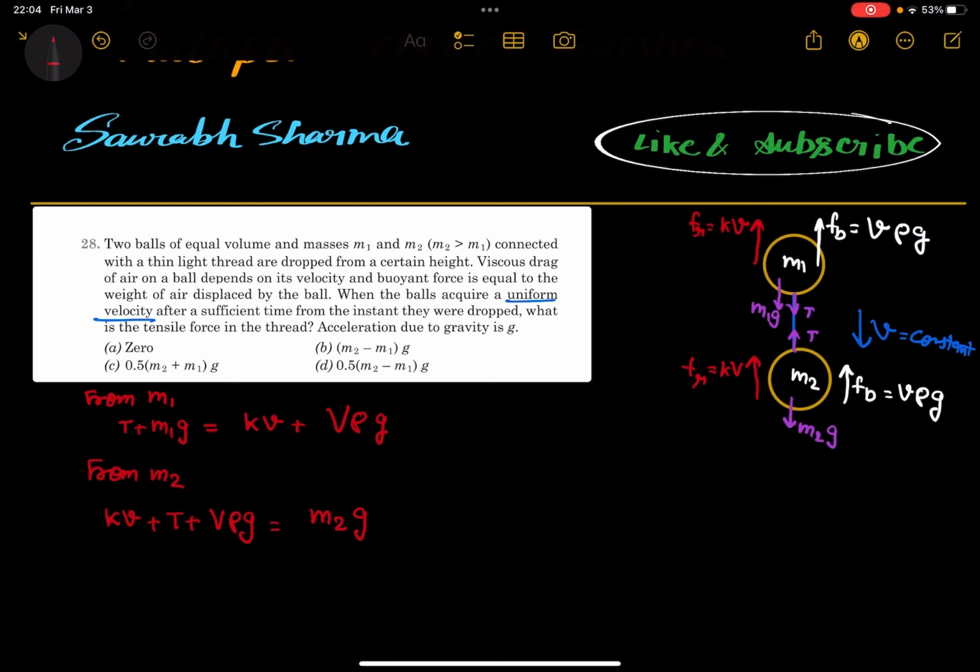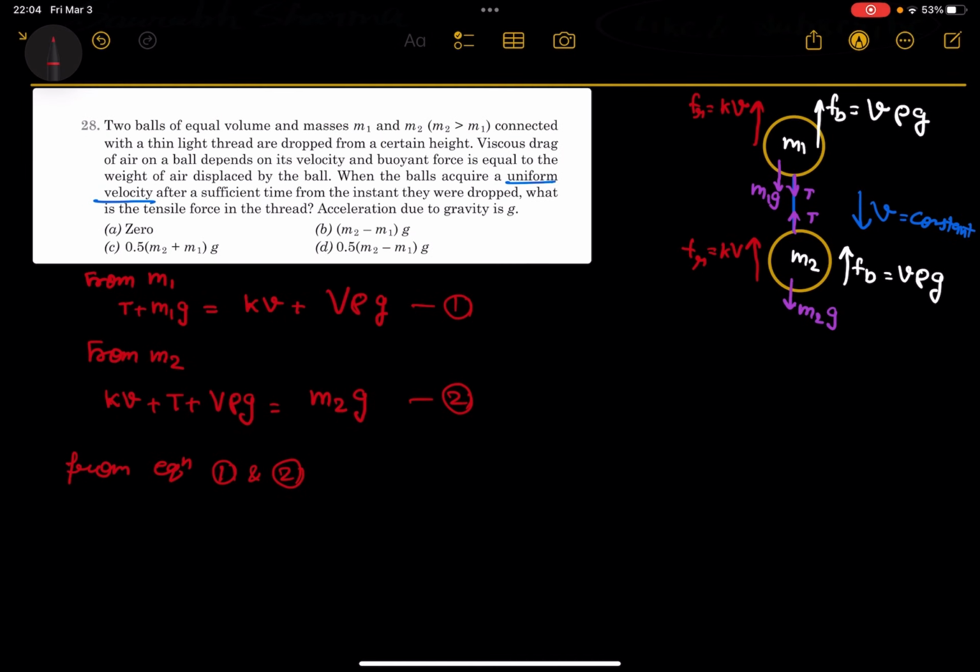From equations 1 and 2, we can write m1g plus T is equal to m2g minus T. On this basis, 2T is equal to (m2 minus m1) times g.